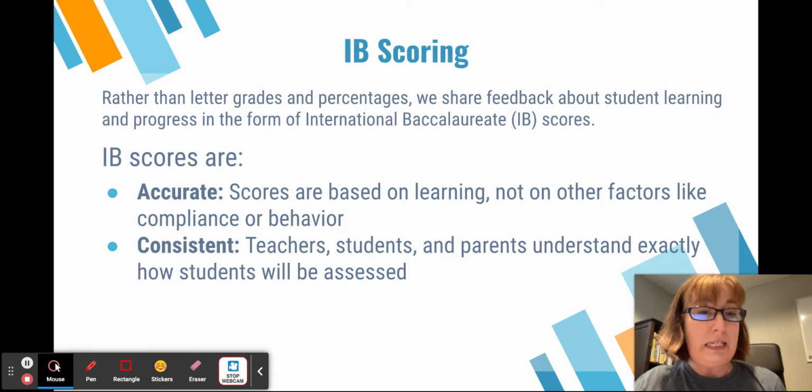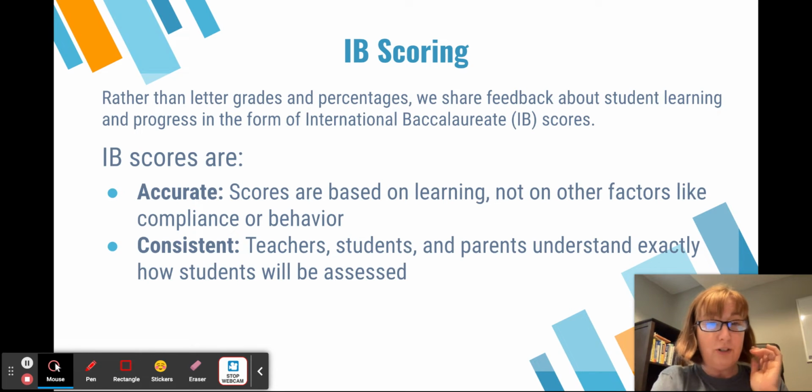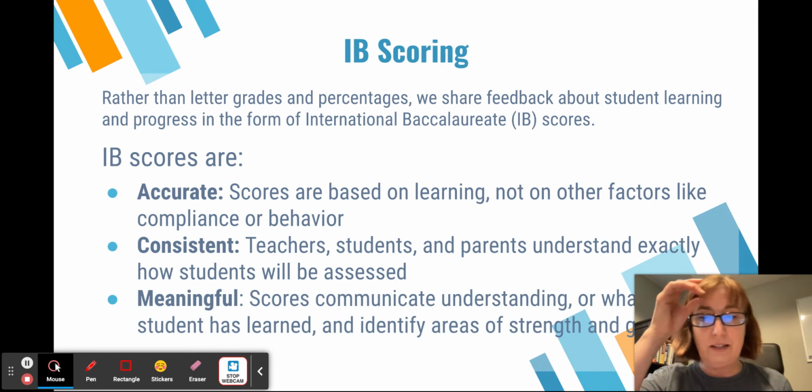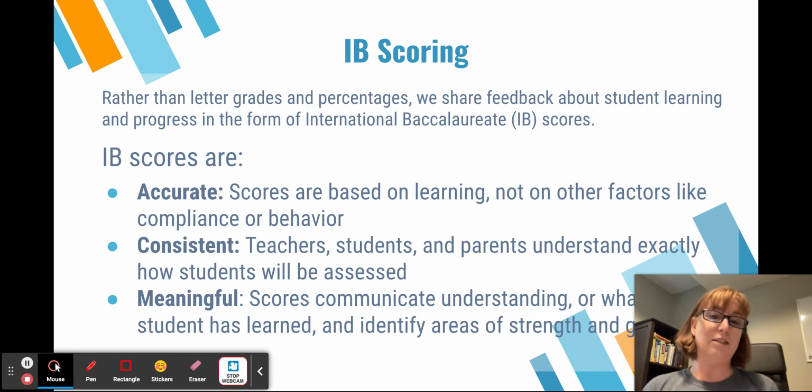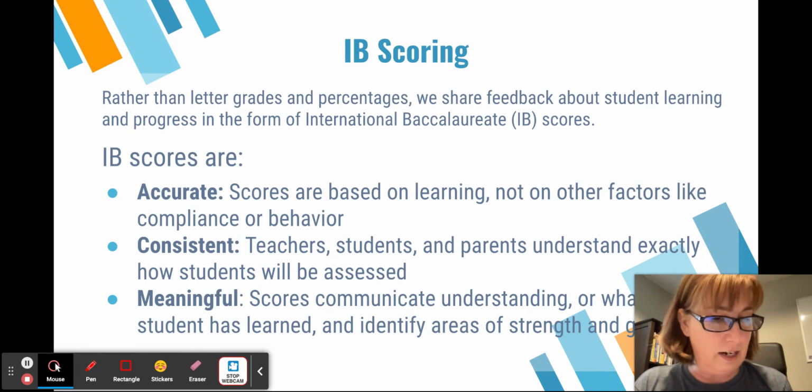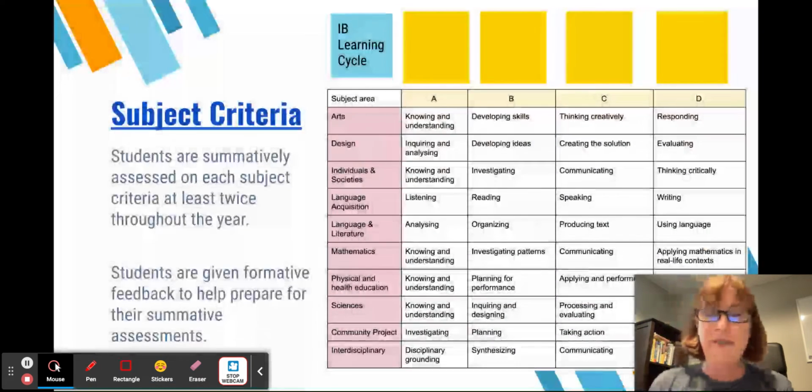We are going to be really consistent in the way that we score. Teachers, students, and parents should understand exactly how students will be assessed through the use of our rubrics. And these scores should be really meaningful. So scores should communicate understanding, or what a student has learned, as well as identifying areas of strength and growth.